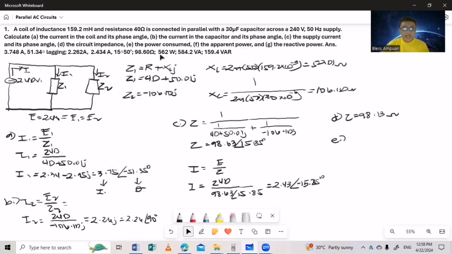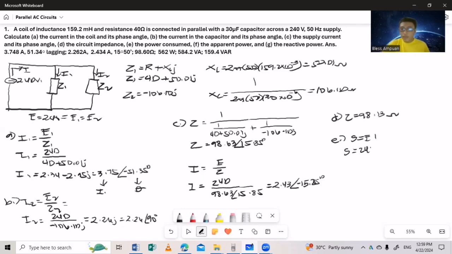Letter E, what would be our power consumed, apparent power and reactive power. So E, F, and G are just related, since we already have our current and supply voltage, so we could easily get the apparent power. S equals E times I conjugate.